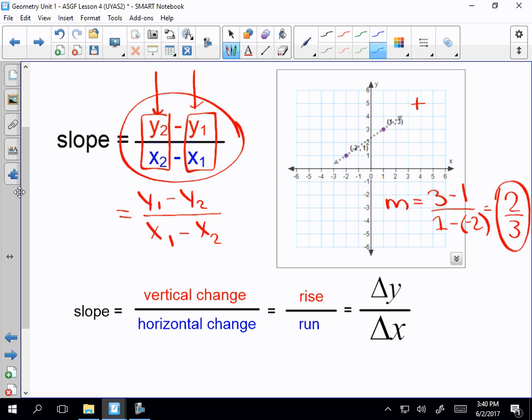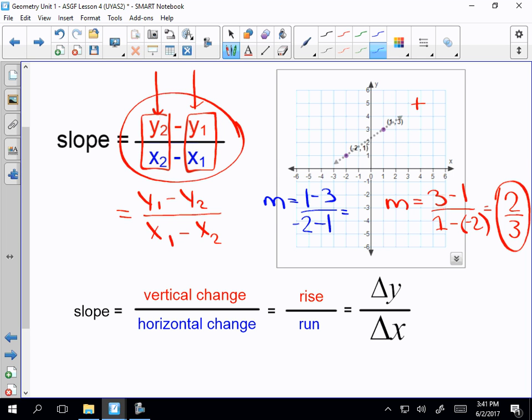Now, if you flip the 2 points around, let's look at the same equation, but just in a different order. We can start with 1 for our y value and subtract 3. And then if we start with the 1, we have to start with the negative 2 and subtract 1.